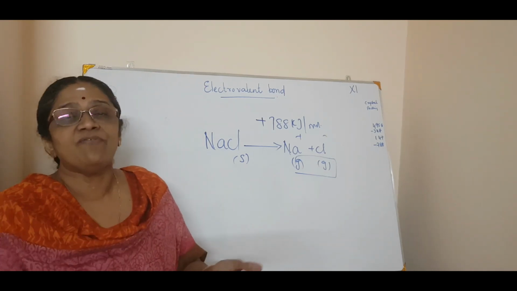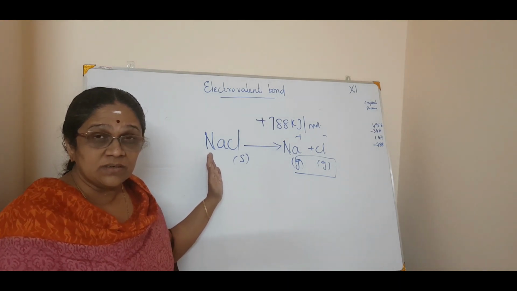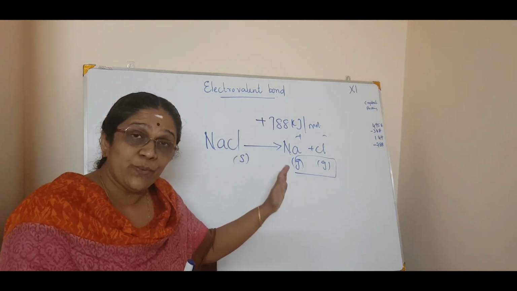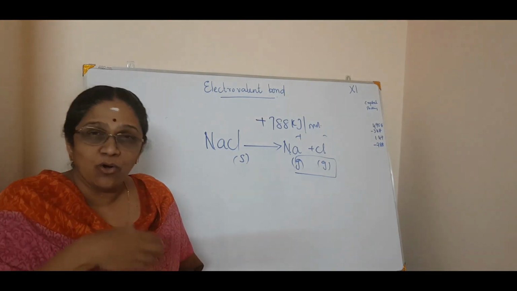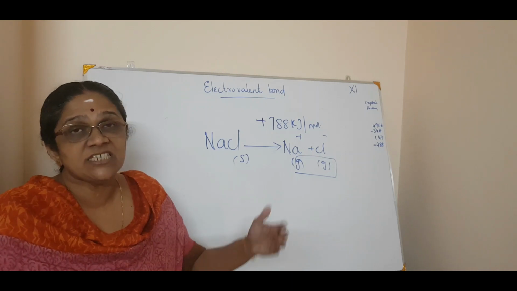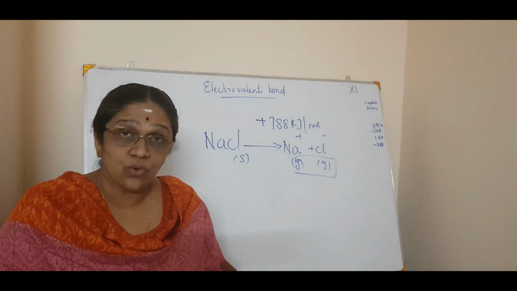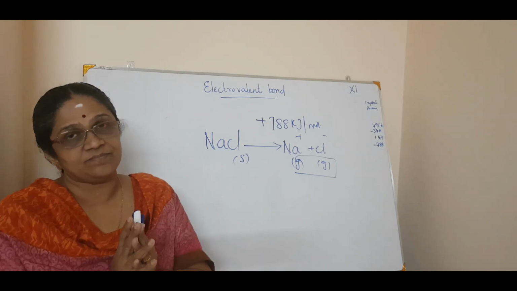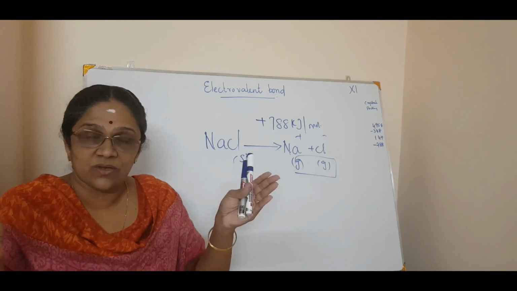But generally the definition goes like this: when 1 mole of a solid compound is broken down into its constituent ions in the gaseous state, the amount of energy required, because it's an endothermic process and delta H is positive, is called the lattice energy, into an infinite distance. Infinite distance, because charges are there, so you get attracted.